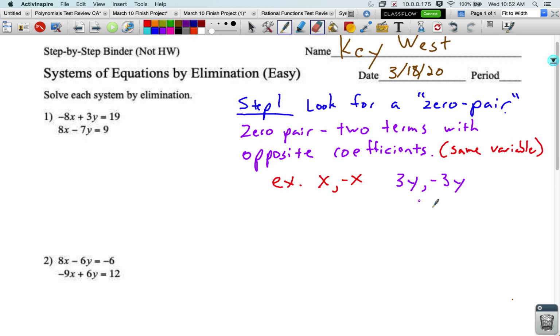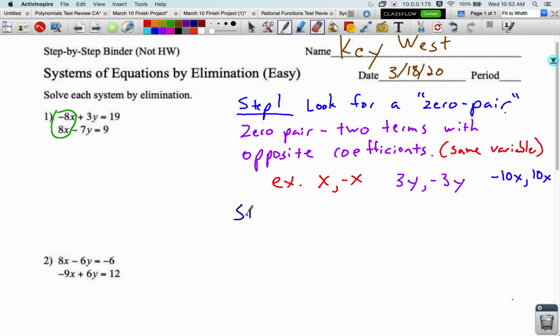Those are exact opposites, same variable. One more example, we'll do negative 10x and 10x. So the first one can be negative, that's okay. Do we see that in problem number one? I think we do right here. The negative 8x and the 8x. And often if these are in standard form, they're going to be nicely lined up like that.